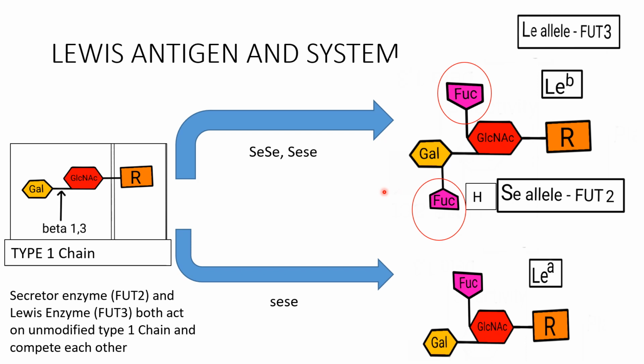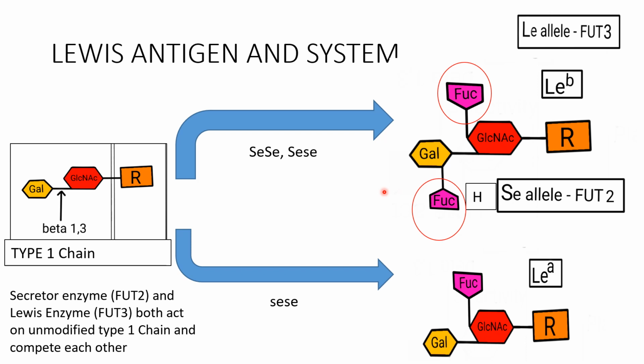So that's how the Lewis system is closely linked with the ABO system, because this also involves working on the type 1 chains which are present in the secretions. So the pearl of wisdom here is, if you are a non-secretor, that means you have small se, you will always have a Lewis A antigen.